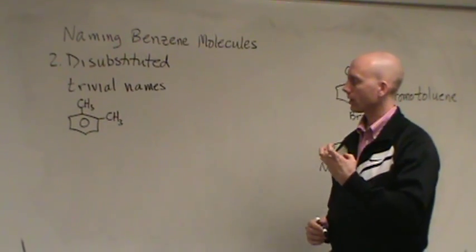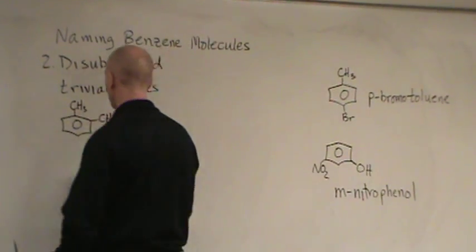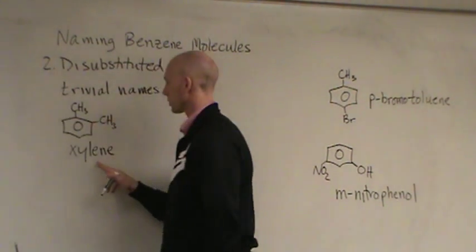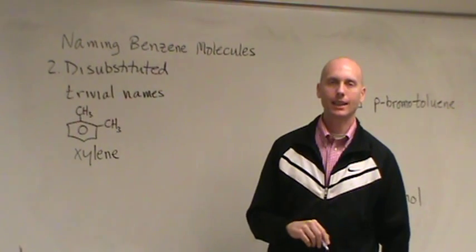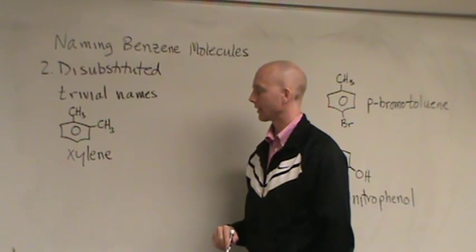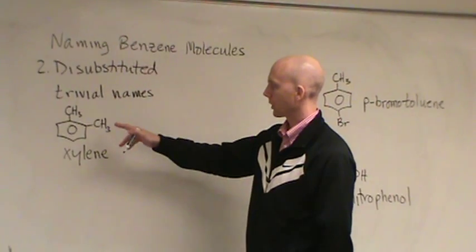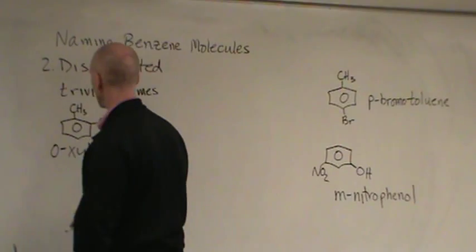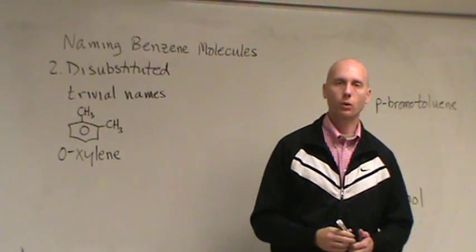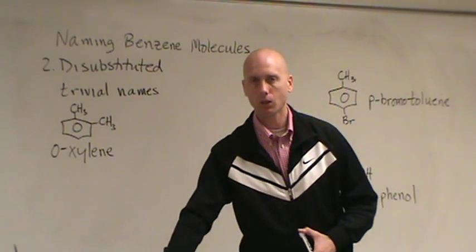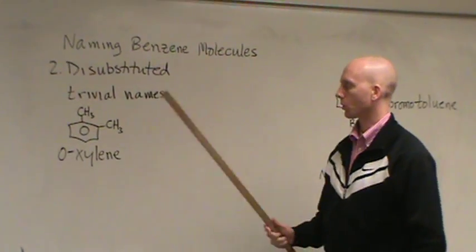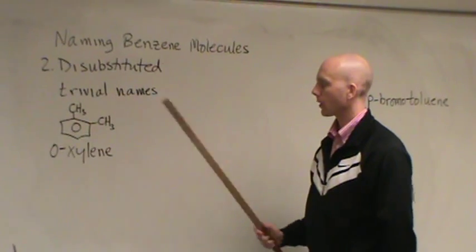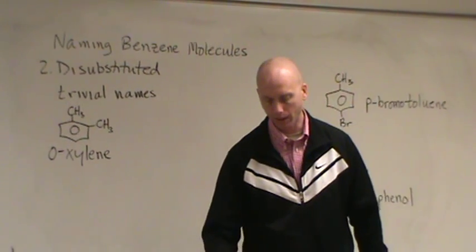Well, here, the trivial name for two methyl groups is what's called xylene, like a xylophone, xylene. Okay? And so here, the two groups are ortho to each other. So that would be ortho-xylene. Okay? So you should be able to draw also meta-xylene and para-xylene as well.